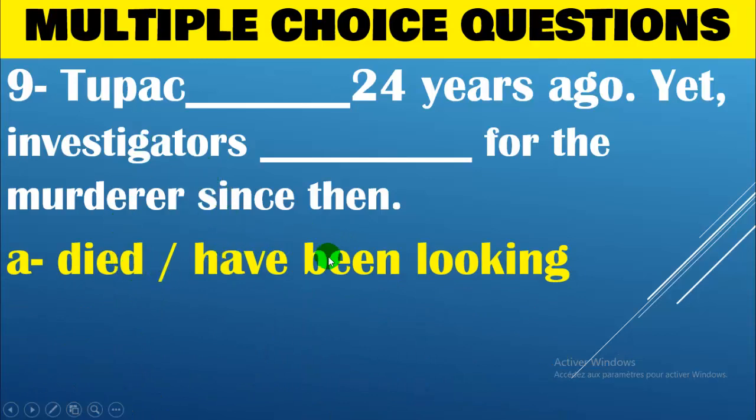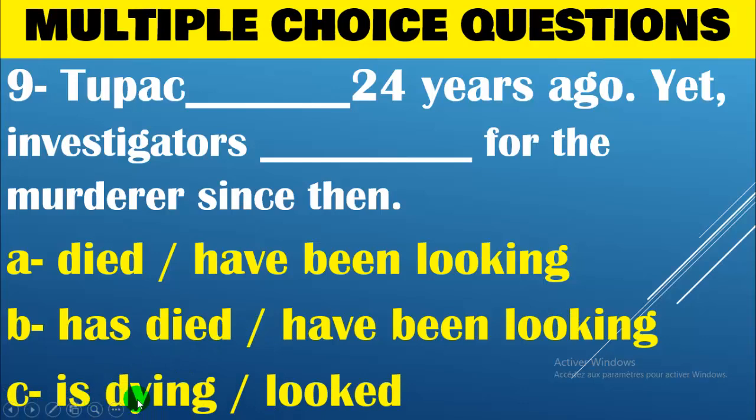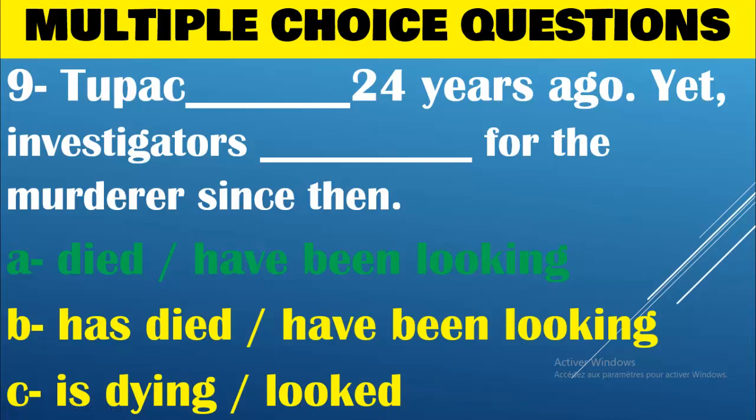Investigators have been looking. Or Tupac has died? Investigators have been looking. Or Tupac is dying? Investigators looked. So, Tupac died ago, prétérit. Ago, prétérit. Have been looking for murderers since, present perfect.